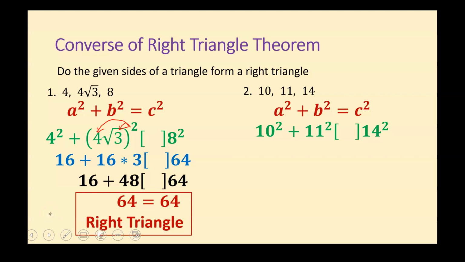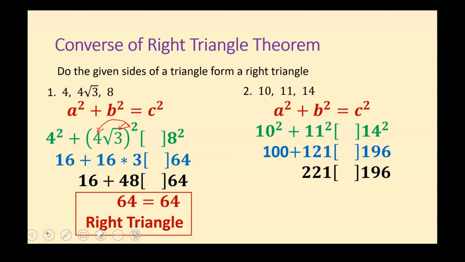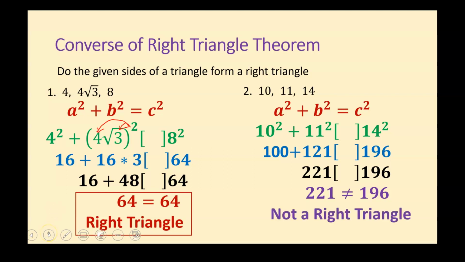So we know 10 squared is equal to 100, 11 squared is equal to 121, and 14 squared is equal to 196. 100 plus 121 gives us 221. So we know that 221 and 196 are not equal to each other. So that tells us this is not a right triangle.